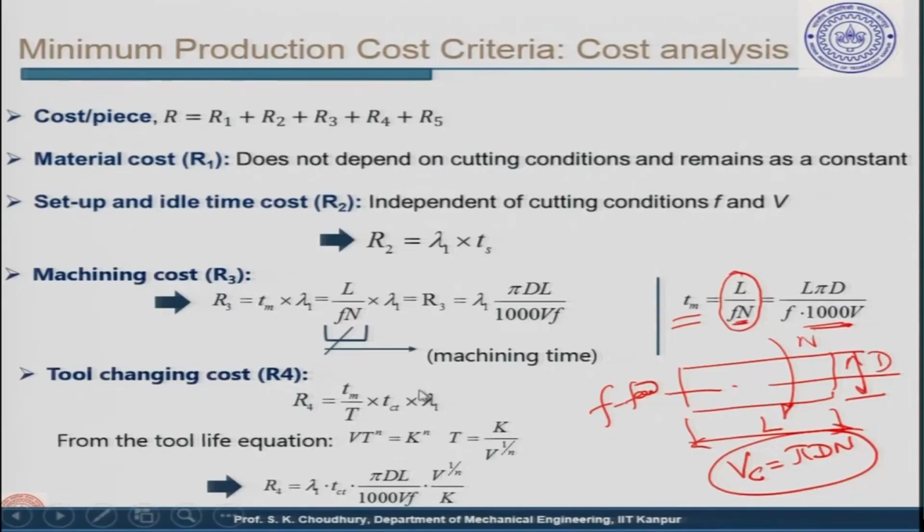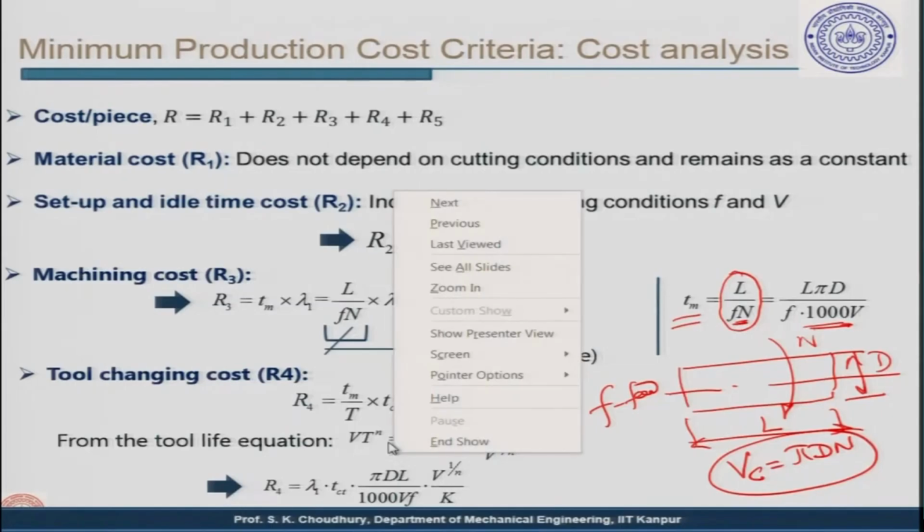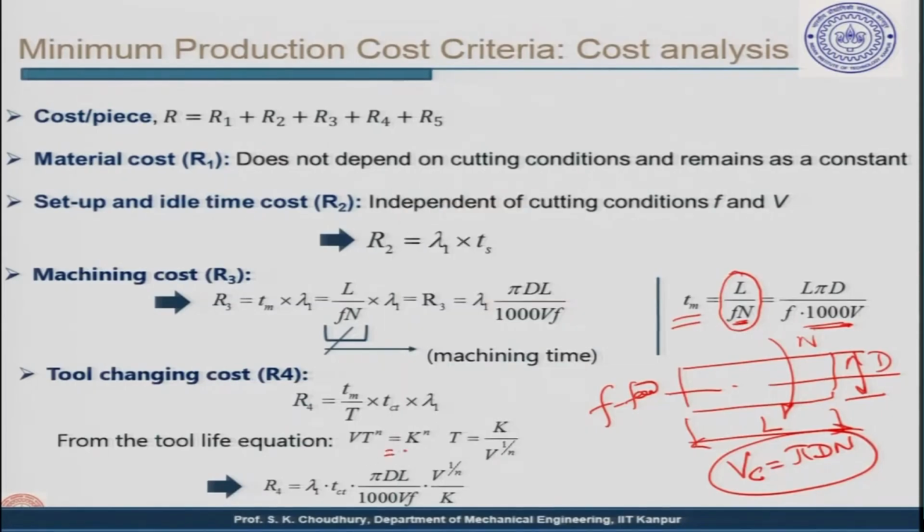Now, here this T is the tool life. From Taylor's tool life equation, we can say that V t to the power n is equal to C, a constant.